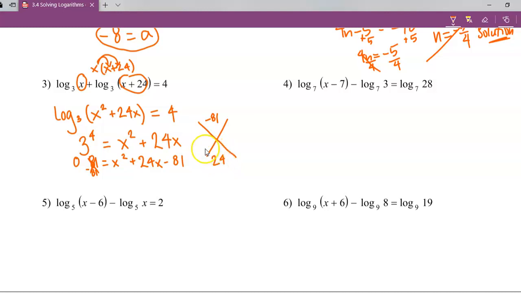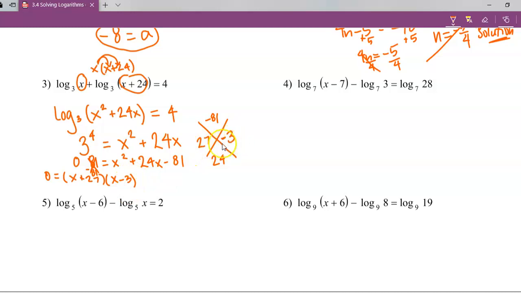So let's see. So that would just be 27 times 3. Because my 24 is positive, I would want to make the 3 negative. And then I can rewrite this as 0 equals x plus 27 times x minus 3.